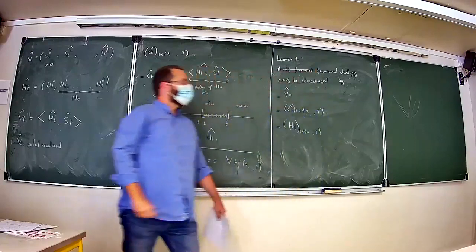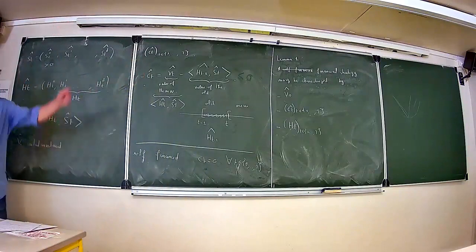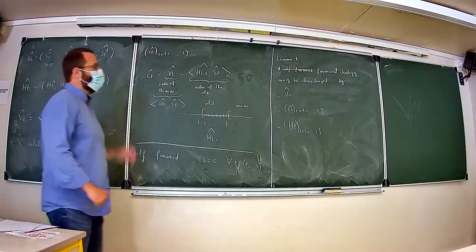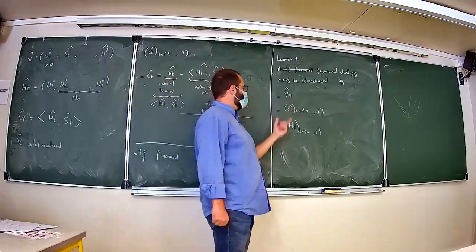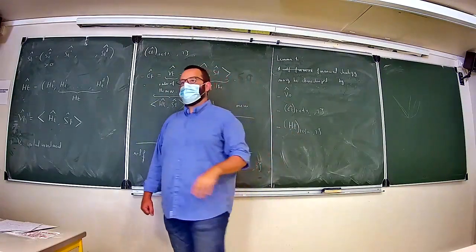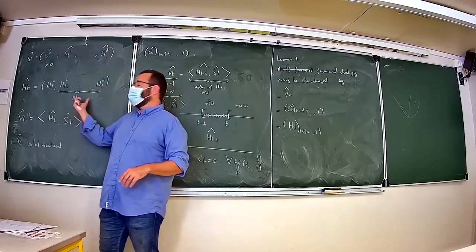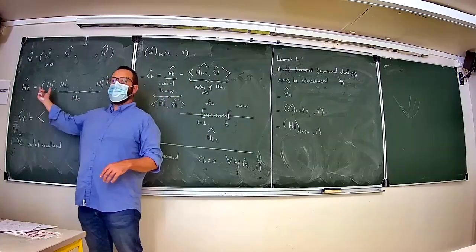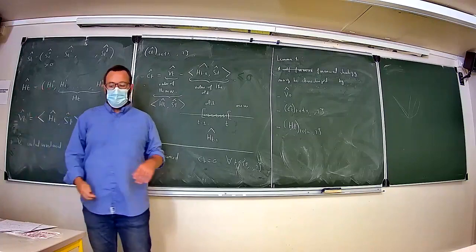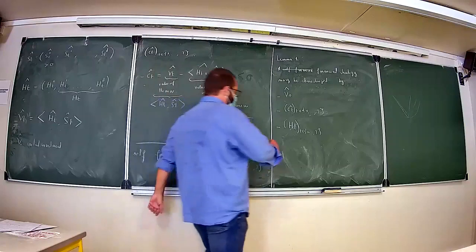So a financial strategy may be characterized by the initial investment, the consumption process, and the quantity of risky assets. That is equivalent to the knowledge of the quantity of risky asset and the quantity of the non-risky asset. So as a consequence, I can write it directly.